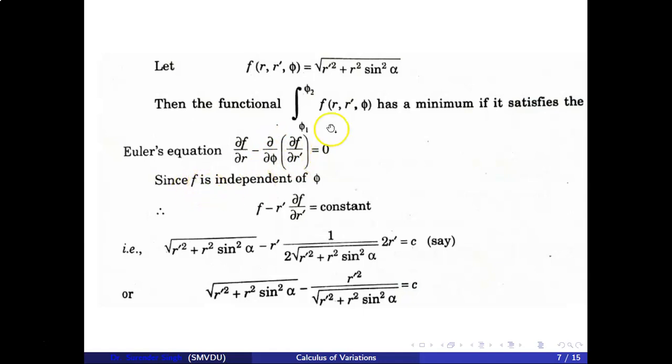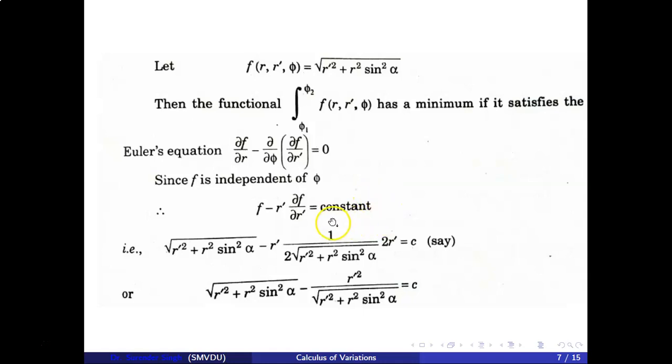Now in this case, in our functional, we can see this is independent of phi, and here this phi is analogous to x. So that means it reduces to our first case in Euler's form. So f minus r dash curly f over curly r dash equal to constant. You can compare this with our first case we have already discussed.